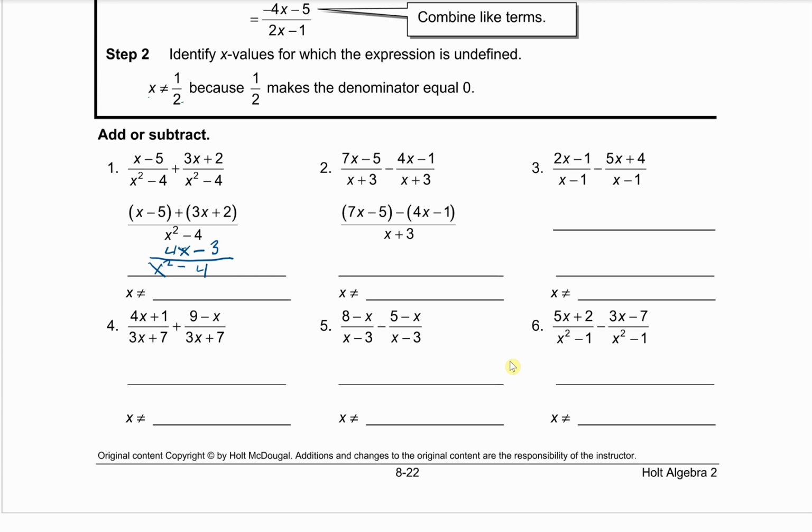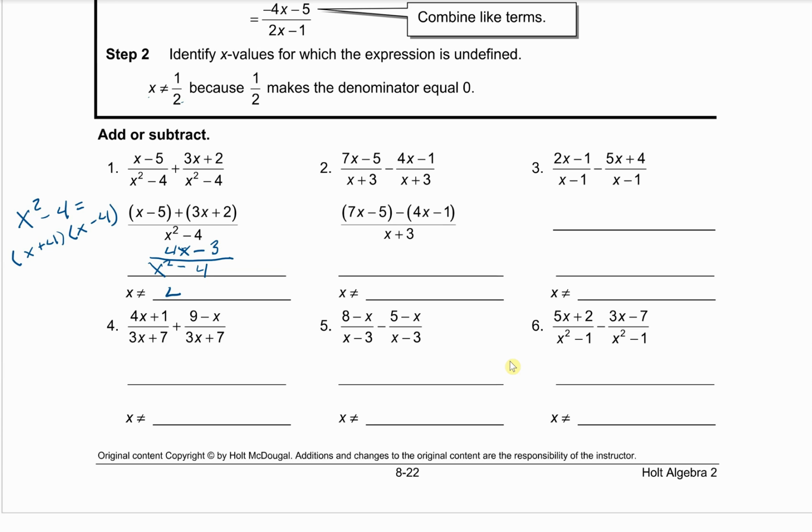And here's the twist. Remember that x squared minus 4 is actually x plus 2 times x minus 2. It's one of those difference of squares.